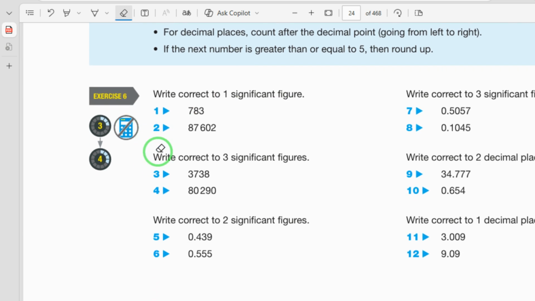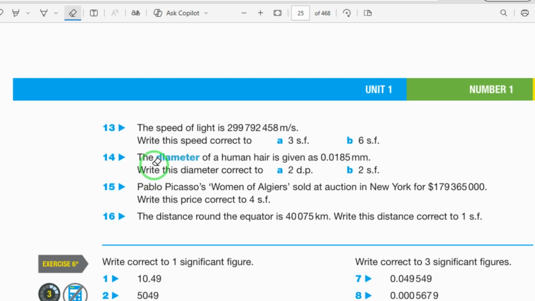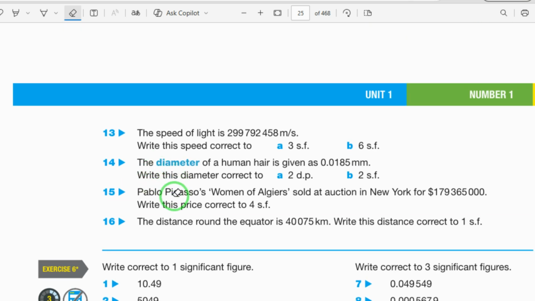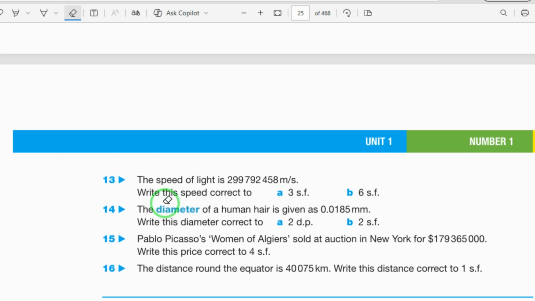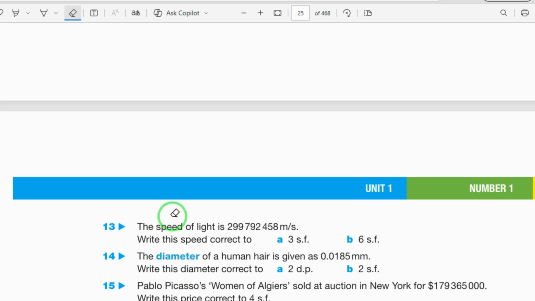It is sorted from question number 1 to question number 16. The last 4 questions are word problems. They are a little bit complicated but also interesting, so keep watching to the end of the video.